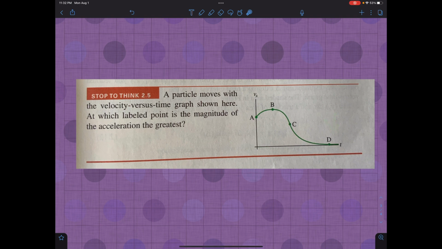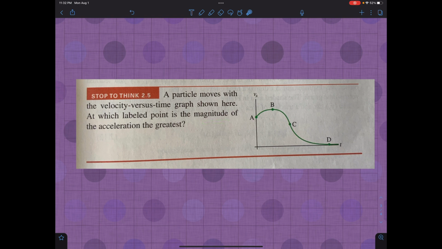And the question is, at which labeled point is the magnitude of the acceleration the greatest? Now this is interesting because they're asking the magnitude of the acceleration. When they say magnitude, you don't have to pay any attention to the direction or the vector of acceleration, only when the amount of acceleration is the greatest, the magnitude only.